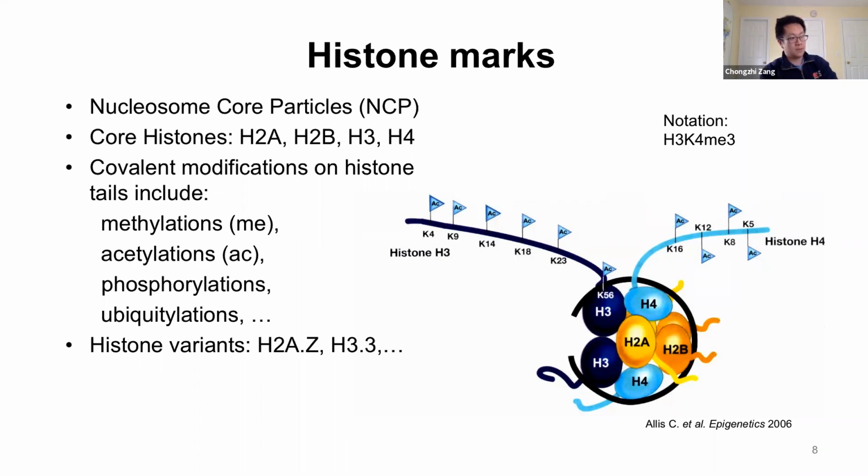Some commonly known histone variants include H2A.Z and H3.3. Both of these histone variants have an important role in regulating gene expression, associating with regulatory regions in the genome, and have associations with some functions of gene regulation.